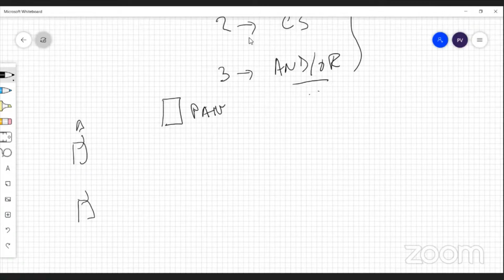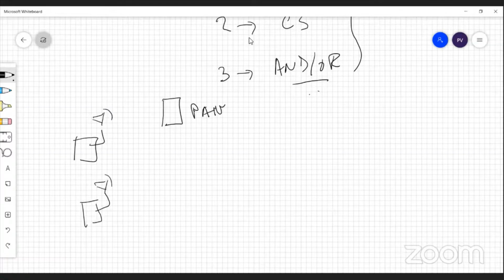Let me draw it with a little more rigor. You can have many transmissions, almost overlapping. This is the PAN coordinator, and almost overlapping you can have one more PAN coordinator.